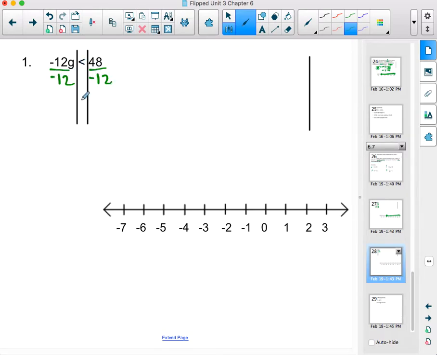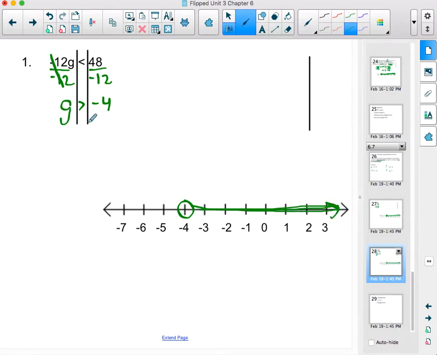That tells me that I have to flip my inequality sign. Less than becomes greater than. Negative 12 divided by negative 12 is positive 1, so that leaves me with positive 1g. Positive divided by a negative is a negative. 48 divided by negative 12 is negative 4. So, open circle around the negative 4. Greater than sign tells me to shade to the right.